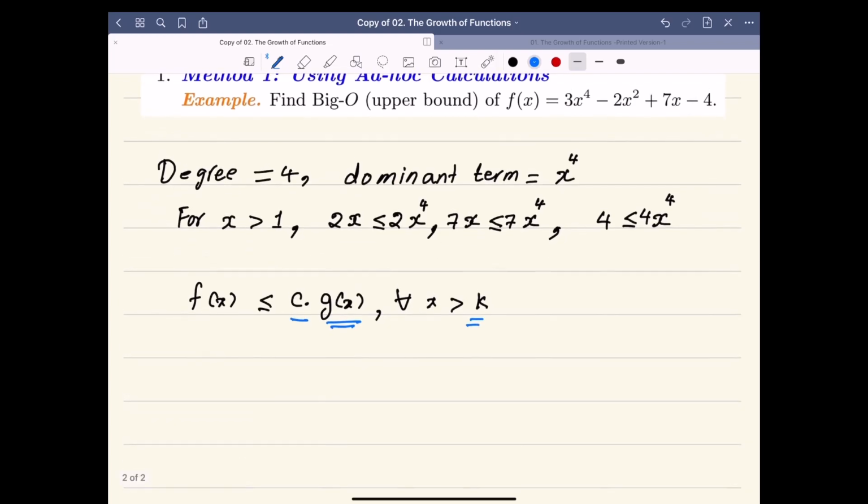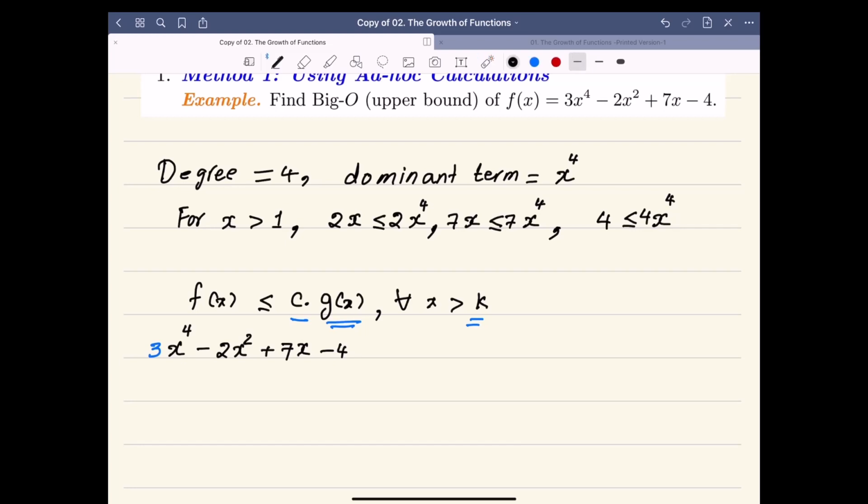So let us start from the left-hand side by writing the polynomial. It is 3x raised to power 4 minus 2x squared plus 7x minus 4. Now you know that negative 2 is always less than 2, which is the positive number. So any negative number is smaller than its corresponding positive number.